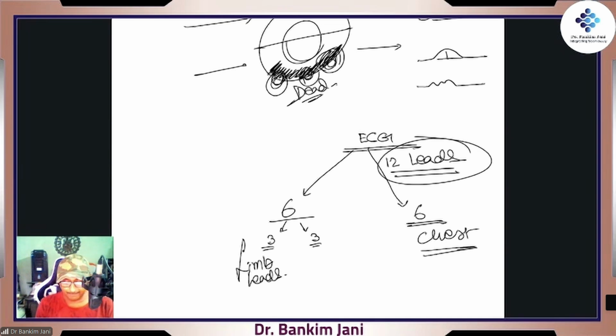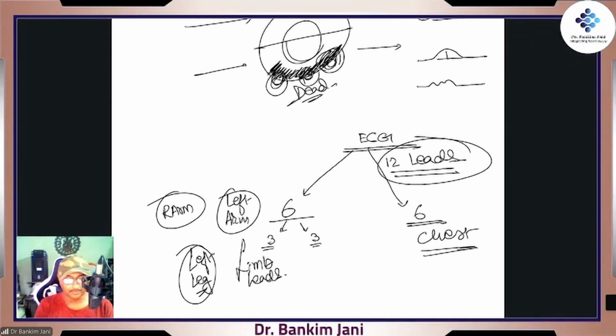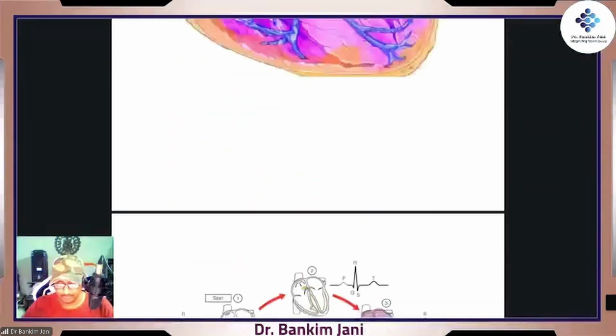The limbs which are used are the right arm, left arm, and the left leg. Using these three parts, we'll be making the complete system. Okay, so that was the thing.